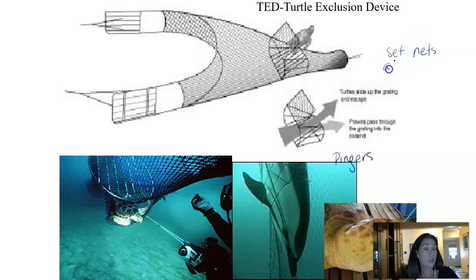So a lot of times fishermen are very, very knowledgeable about the habits of their catch. So they can set their nets at the appropriate level to target where they are and maybe avoid some of these marine mammals. So there are steps we can take to control our fisheries, but we do have to focus on setting limits, setting size limits, and trying to reduce bycatch.